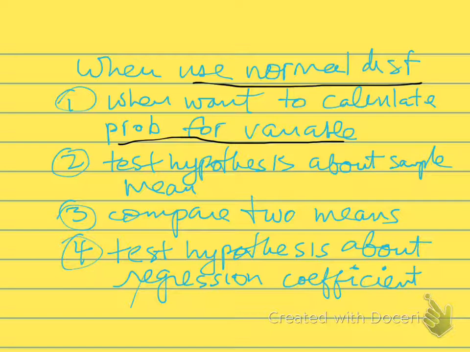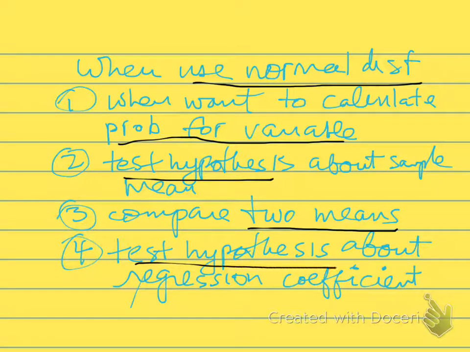We can use it to test hypotheses about a sample mean, and to compare two sample means to determine whether the population means of each of the groups are the same.